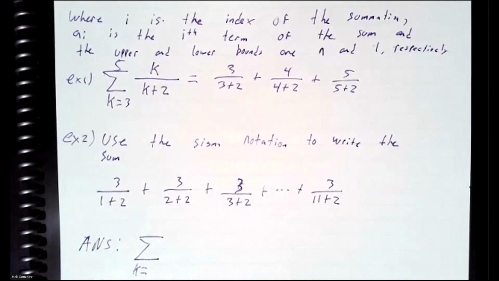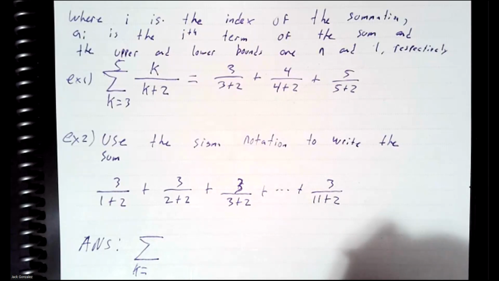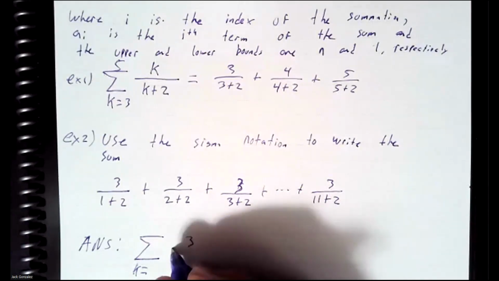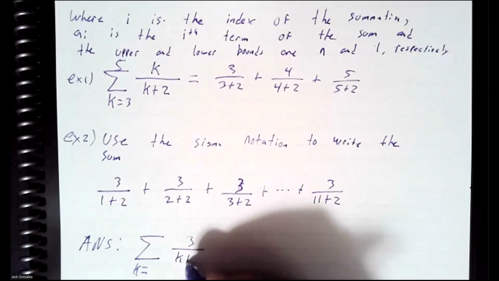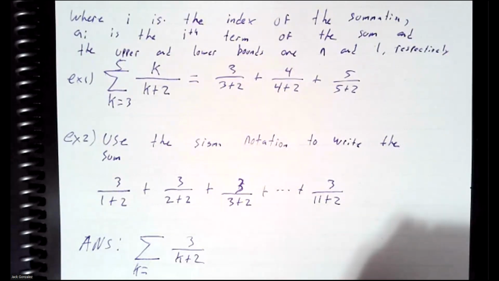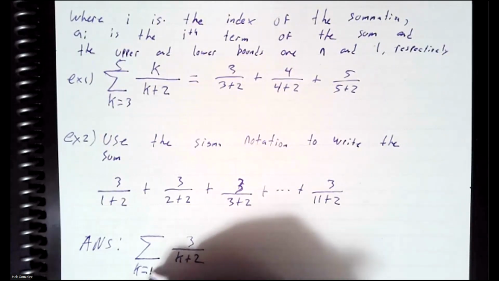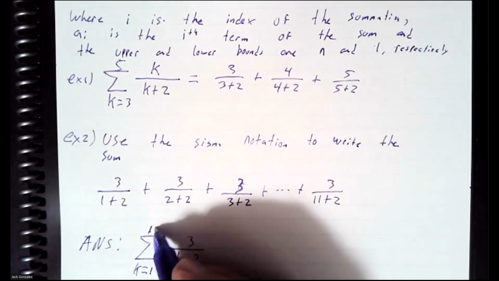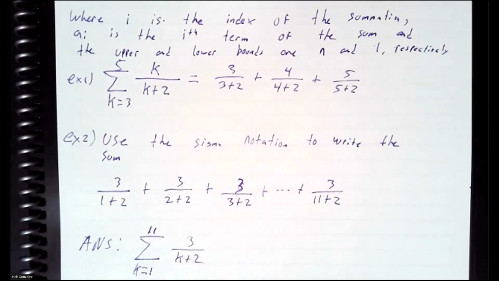Do we know what the formula is? Well, we have to make it. It's 3 over k plus 2. So this is our general form, and it starts at 1 and it stops at 11.